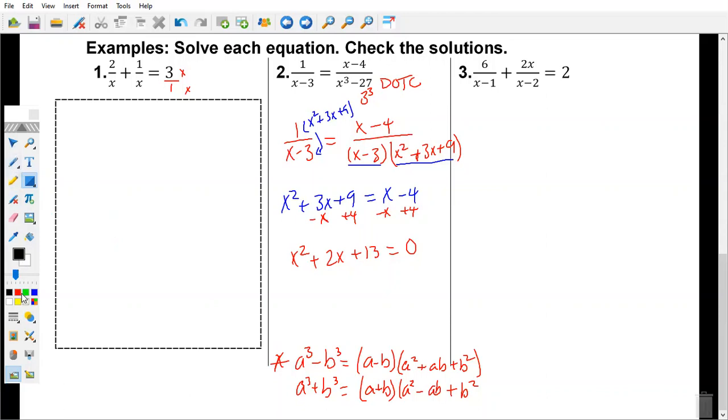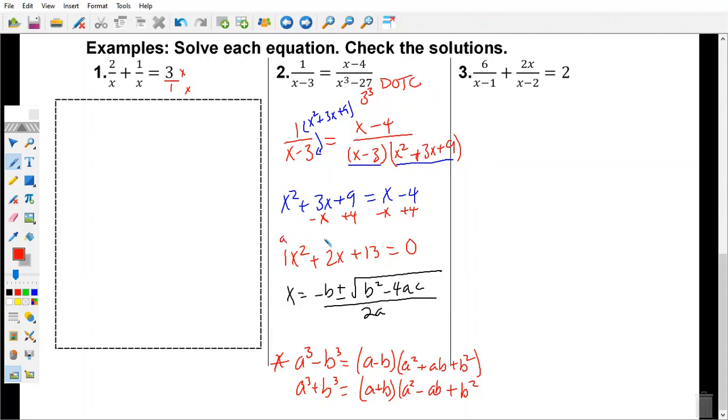But remembering the quadratic formula, that's where we have x equals negative b plus or minus the square root of b squared minus 4ac divided by 2a, right? So your A, that's your leading coefficient.